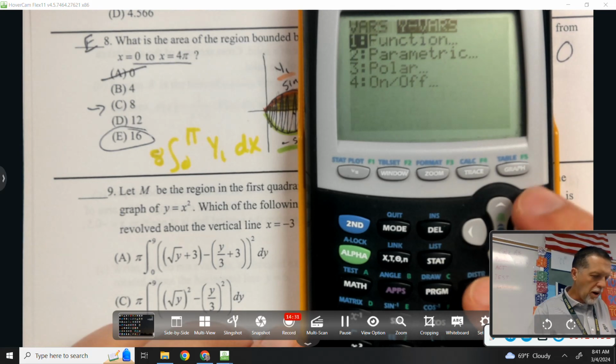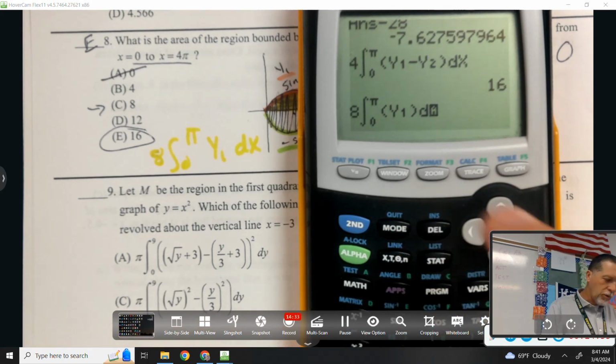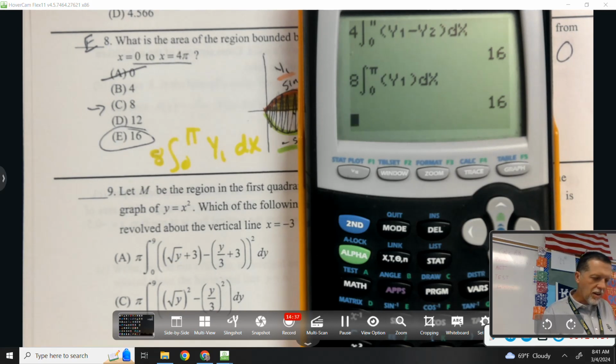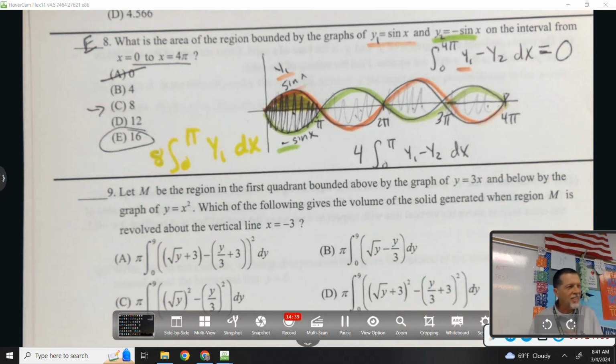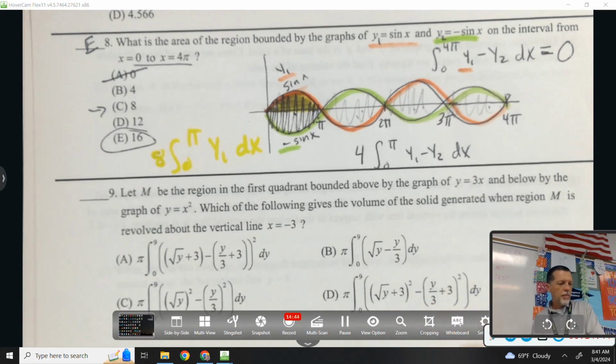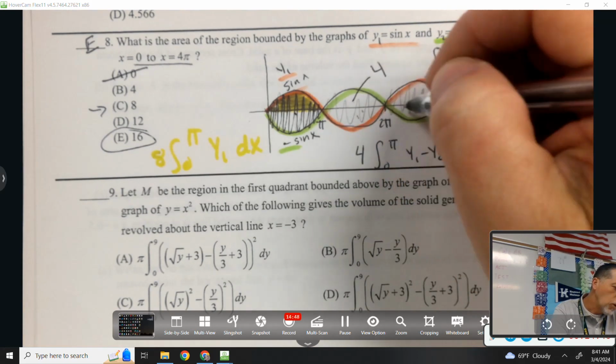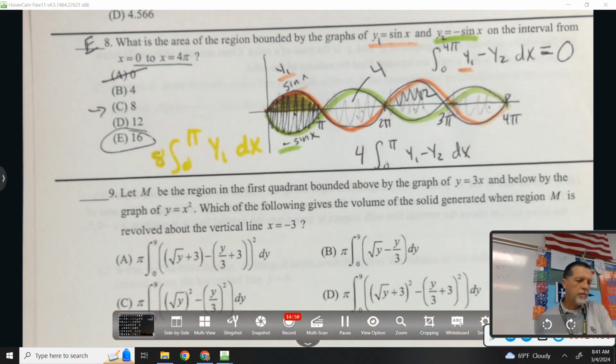And now I'm just doing y1, and I'll sort of double it with the 8 thing. Also 16, so I'm sticking with 16. Because each one of those is 4, and each little half piece is 2. Sticking with 16.